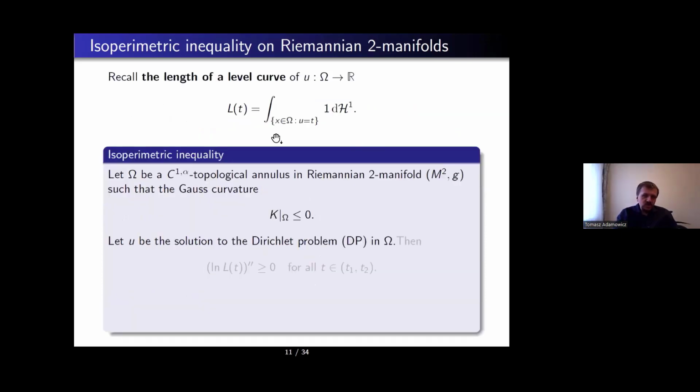With the same notation as in the planar case, denoting by L of t the length of a level curve, we may prove the following isoperimetric inequality.